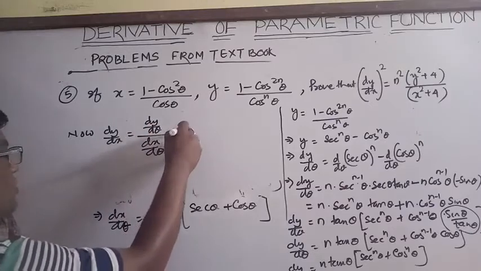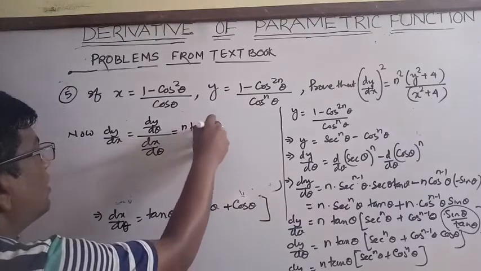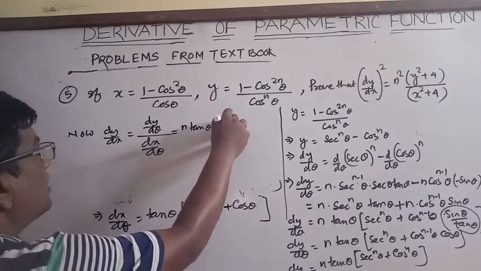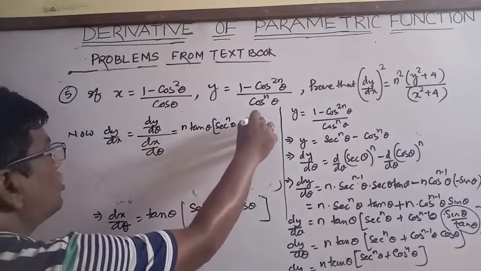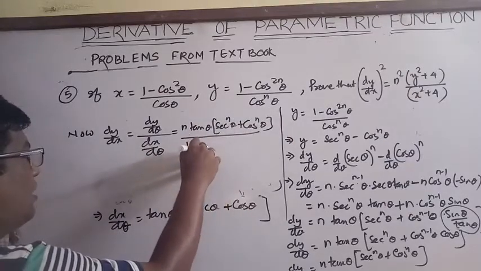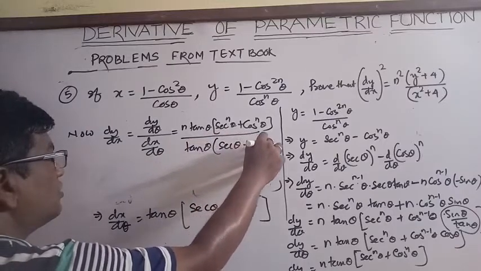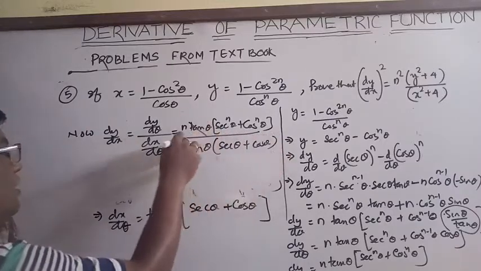So this is equal to n into tan theta into (sec n theta plus cos n theta) divided by tan theta into (sec theta plus cos theta). So tan theta cancels.